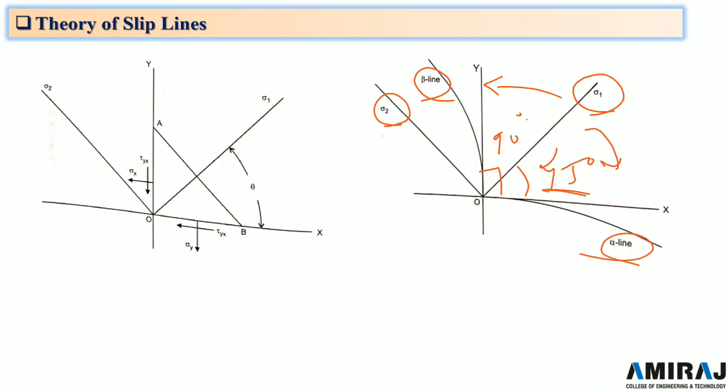In other words, we can say that the major principal stress line lies in the first quadrant of the alpha beta right hand coordinate system.